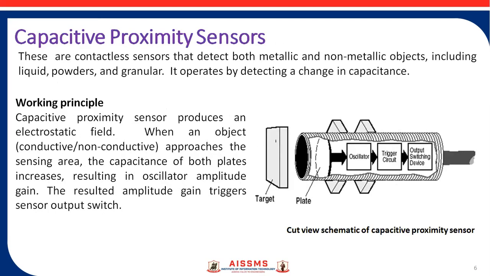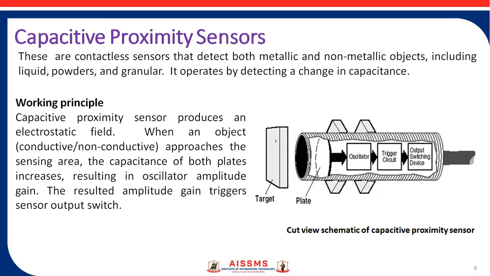Next, we switch over to the capacitive proximity sensor. These are contactless sensors that detect both metallic and non-metallic objects, including liquid, powder, and granule. It operates by detecting a change in capacitance. Similar to inductive sensors, it consists of an oscillator, Schmitt trigger, and output switching circuit.